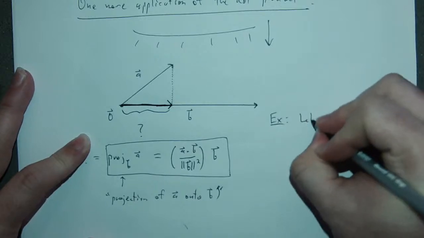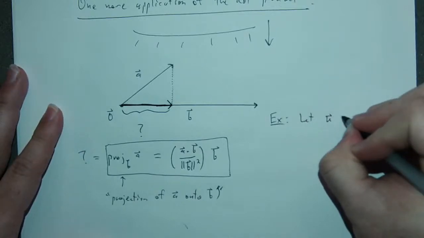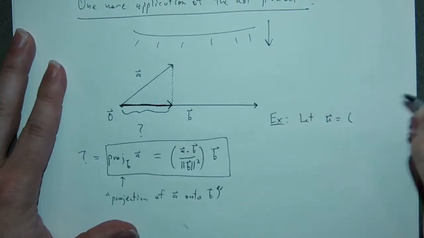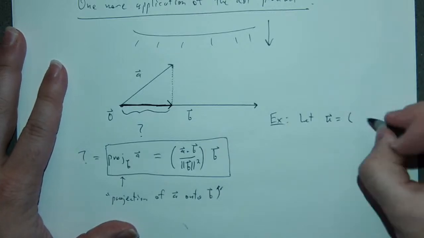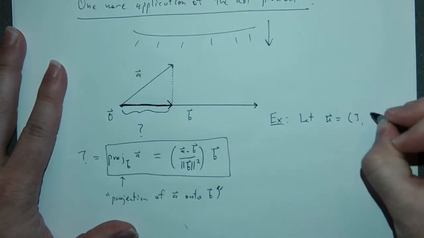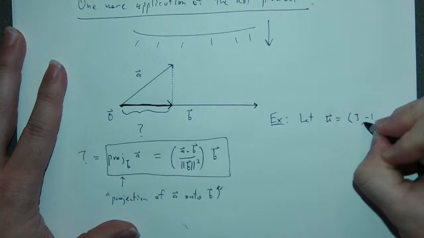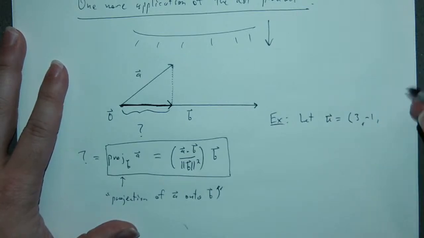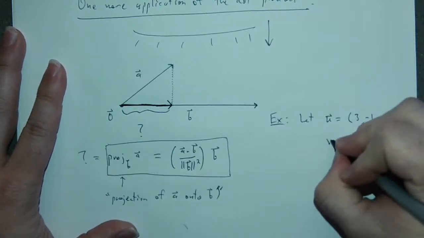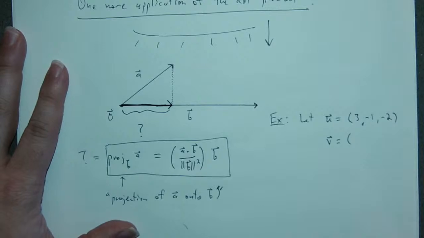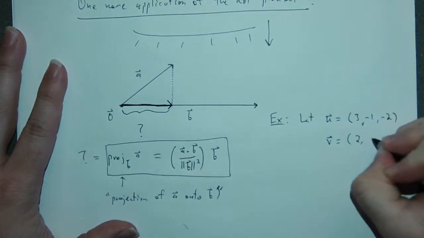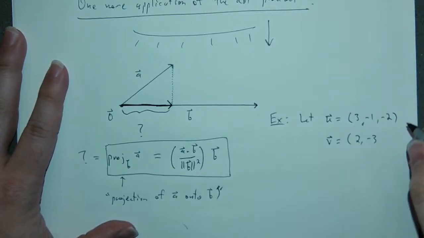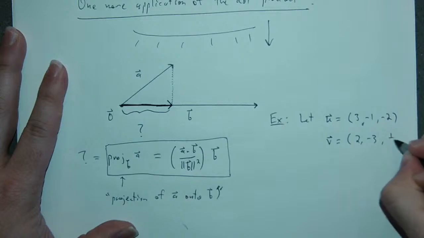Let U be the vector (3, -1, -2), and let V be the vector (2, -3, 1/2).